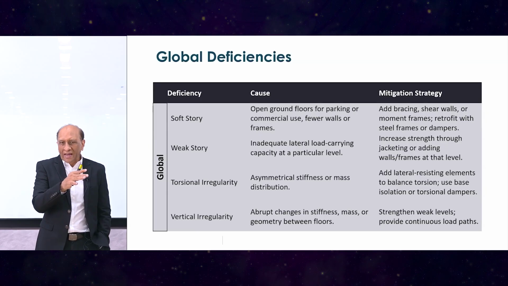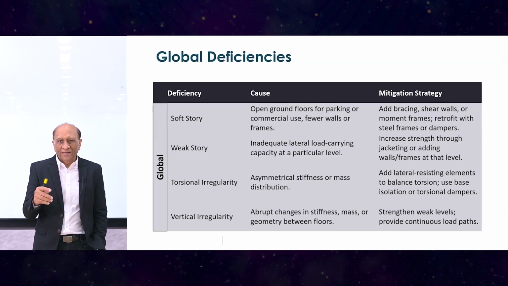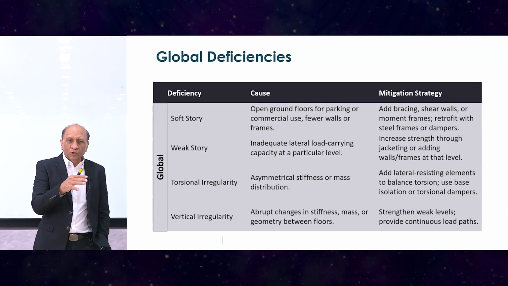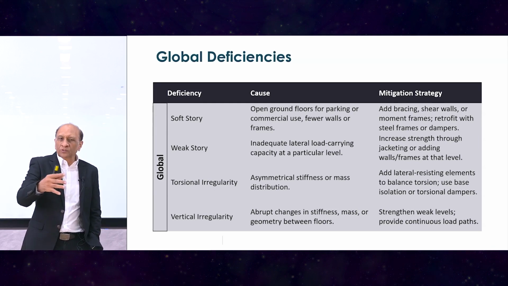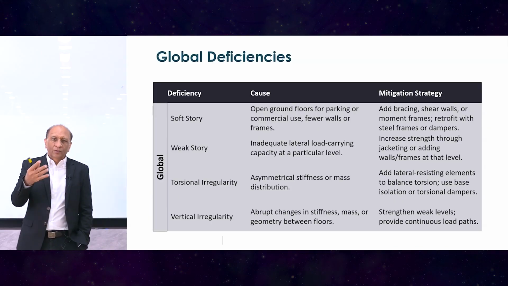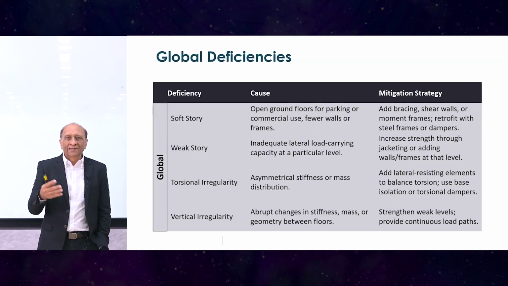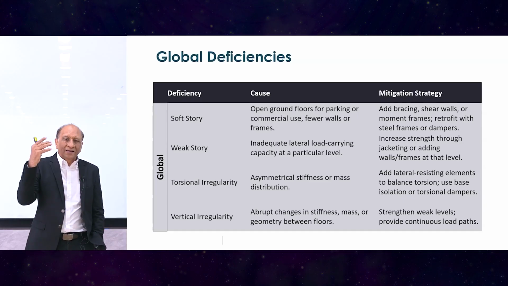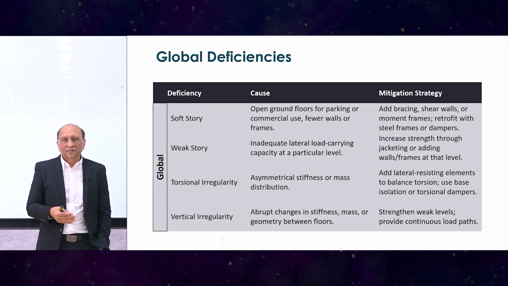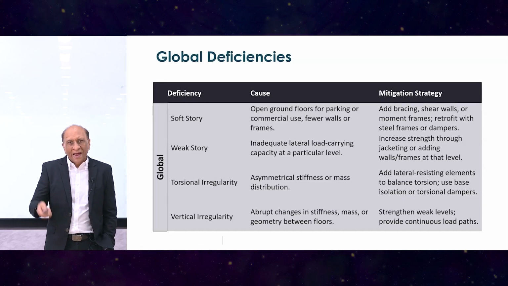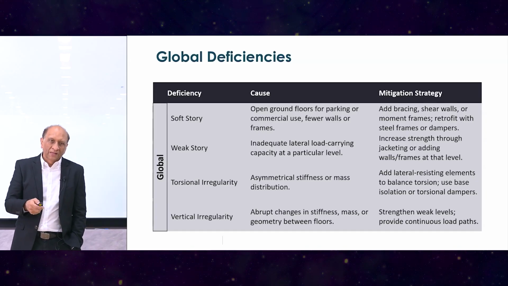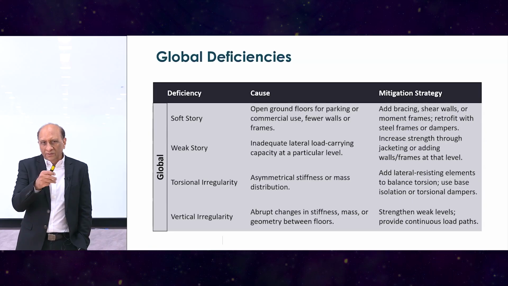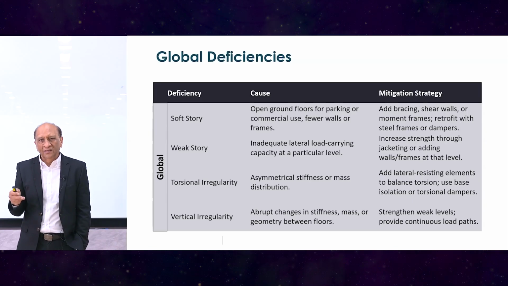Weak story, we can increase the strength through jacketing and so on. And torsional irregularity, we add walls to make it balanced. We add frames to reduce the irregularity. We can look at the model response and so on. Vertical irregularity, same way, we can strengthen the peak levels and add walls or remove walls which are causing the problem.